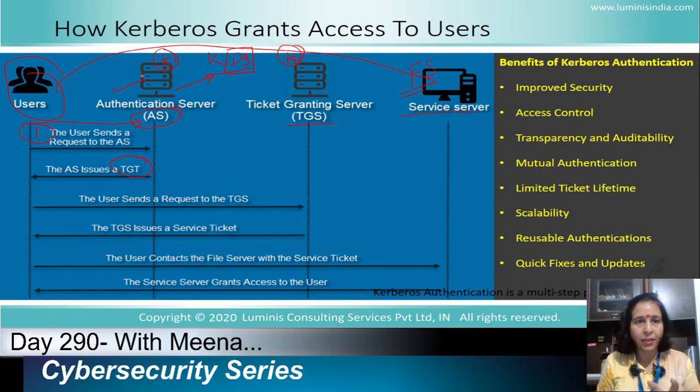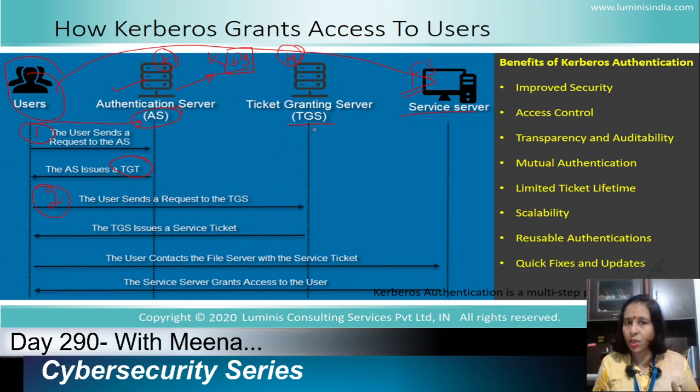The ticket granting ticket is encrypted and sent to the user. Now the user sends that TGT and a request to the ticket granting server to give permission to access the file server. This is the second step from the user side.